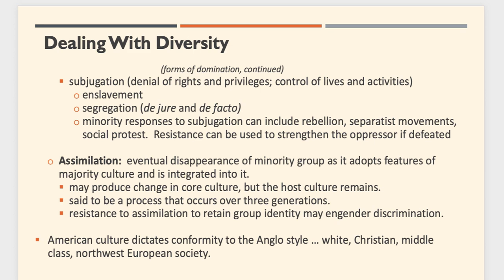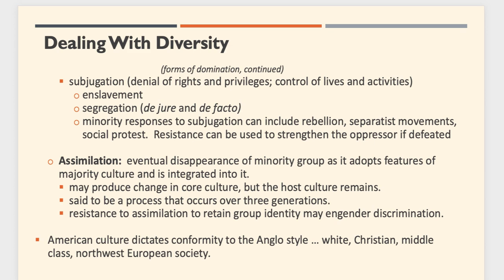The next generation has one foot in the former culture and one in the new culture, and there's a desire to become engaged in the new culture and to favor the new culture, and yet the older culture insists upon that connection to the home country. And then finally, the third generation sees themselves as detached from the old country, and generally becomes deeply engaged in the new culture, and that's assimilation. That's how that process occurs.